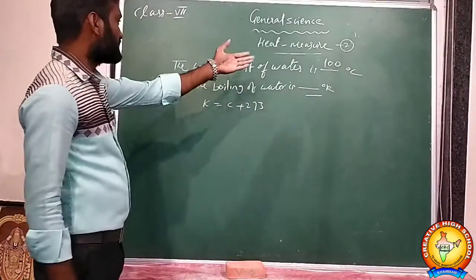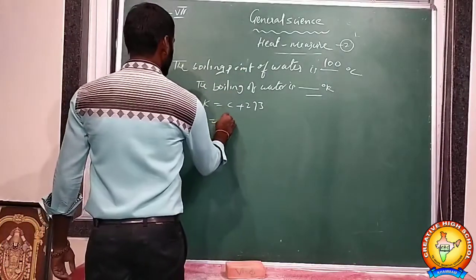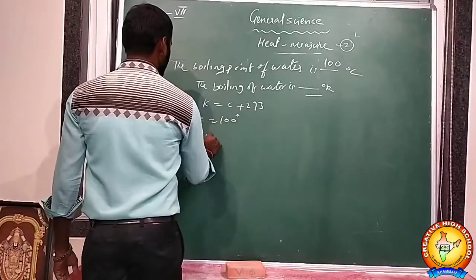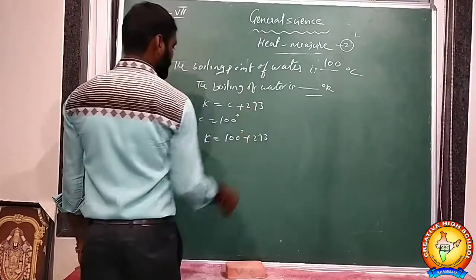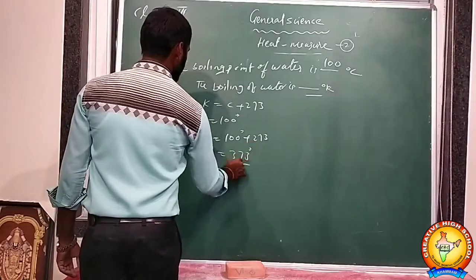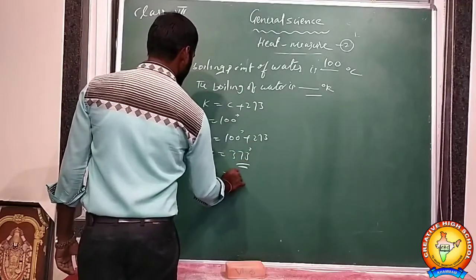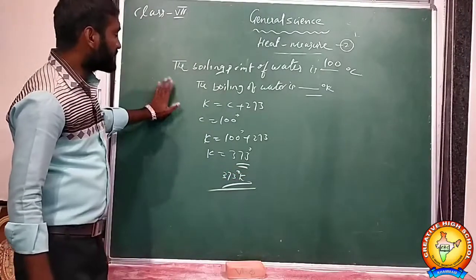How much is the given C value? 100 degrees Celsius. So C is equal to 100 degrees. Then K is equal to 100 plus 273. K is equal to 373 degrees, that is 373 degrees Kelvin. In Celsius it is 100 degrees Celsius.